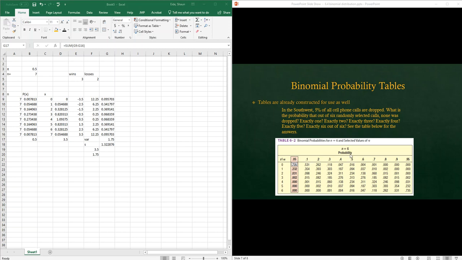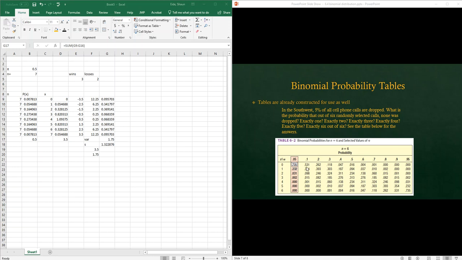So if I have 6 possible events, and the probability of the success occurring is 0.05, the probability of x occurring 0 times is 0.735.